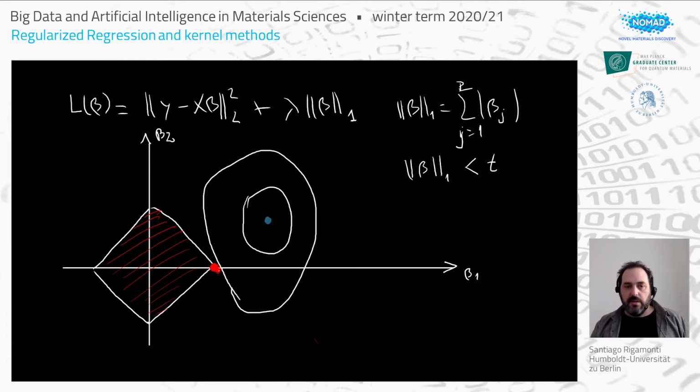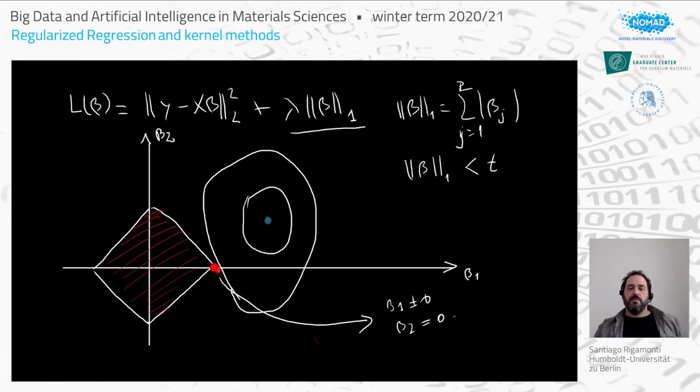This solution is qualitatively different from the previous one in the sense that here beta 1 is different from 0, but beta 2 is exactly 0. So when we use this sort of optimization, we will have in general many parameters that are exactly 0, depending of course on the strength of the optimization and the position of the solution here. This is quite convenient if we want to have sparse models that are more interpretable.